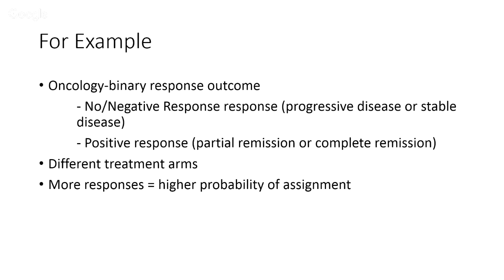So here I'll go over a small example. In oncology clinical trials, the primary response outcome is usually a binary endpoint in which the overall response rate is calculated as the number of subjects who have objective regression of disease. These trials often have many treatment arms, which can include different dosing schedules.